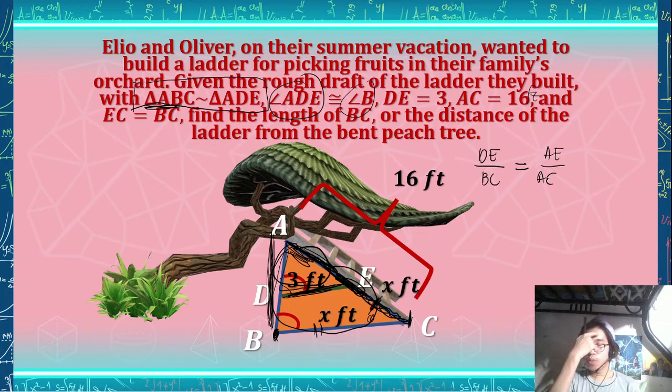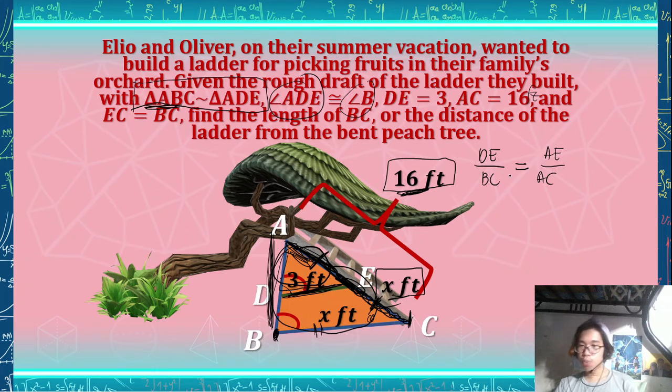But for this problem, guys, we have another issue. We don't know the value of AE, but what we do know is the value of AC. It's equal to 16 feet, and we know that the value of EC is equal to X feet.